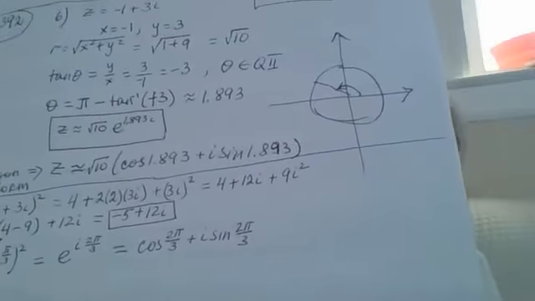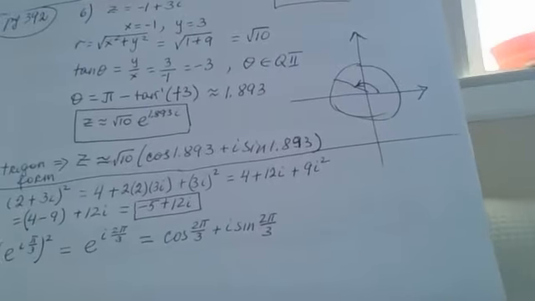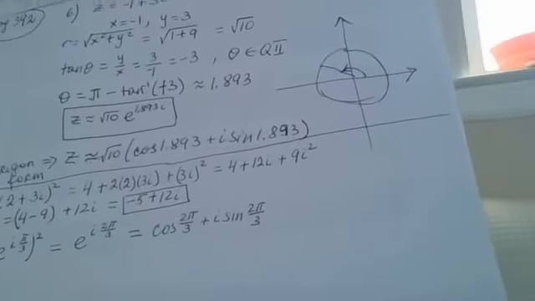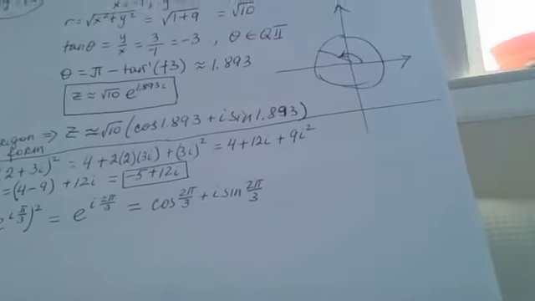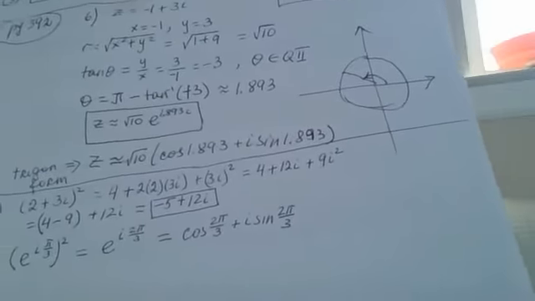I used Euler's formula to convert this into trigonometric form. And now, using trigonometry, I would simplify each of these cosines and sines of this angle to get algebraic form.